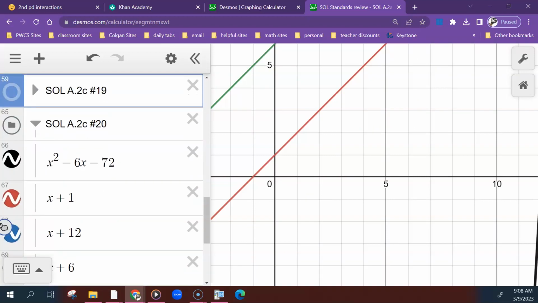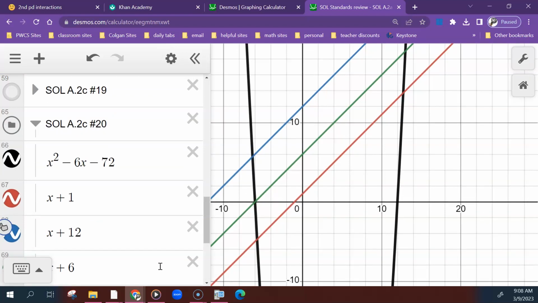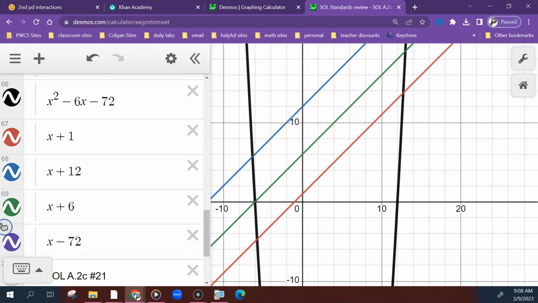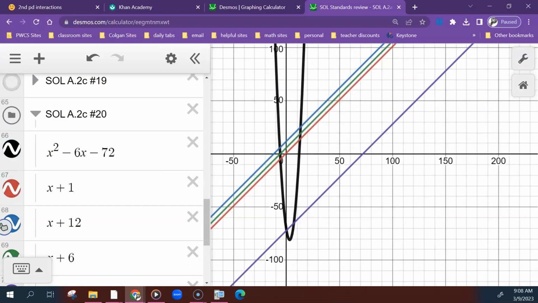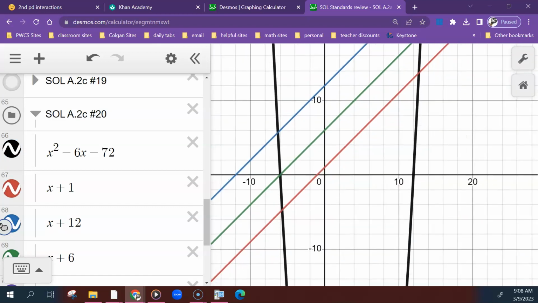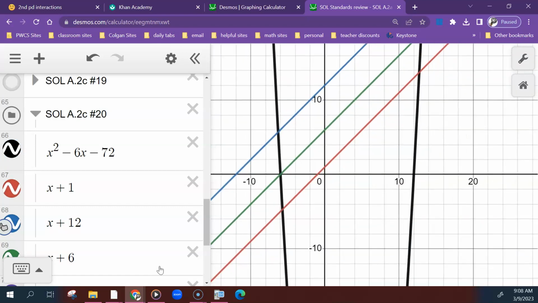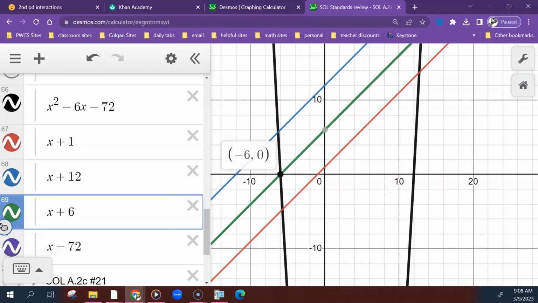Same thing. Which of these lines go through the black, and the other one is way out here. The only one that crosses through the black line at the x-axis is the green one.